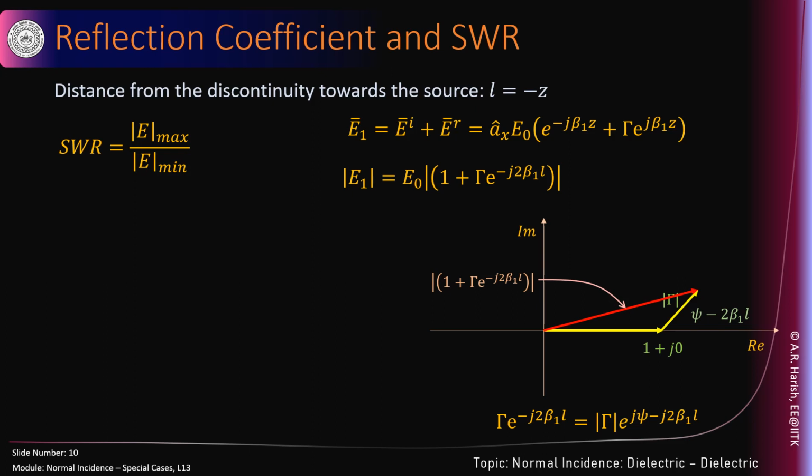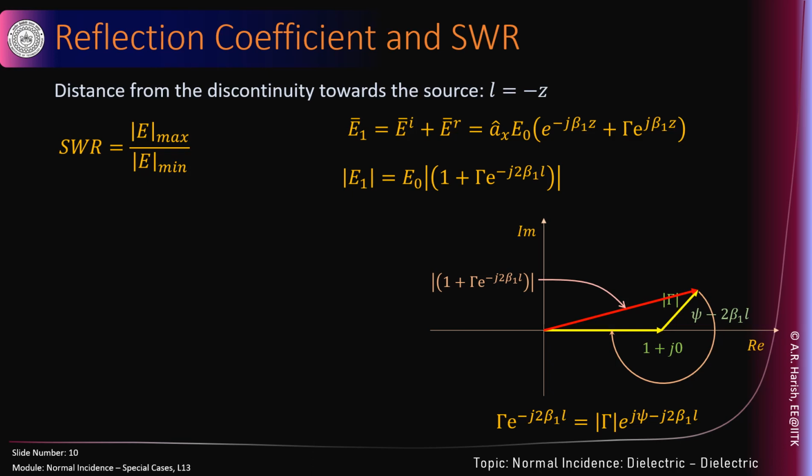Now, what happens when L changes? At L equal to 0, psi is 0. As L increases, this angle keeps decreasing, and in complex notation, decrease means it is going in the clockwise direction. When it goes in the clockwise direction, it cuts the real axis twice.